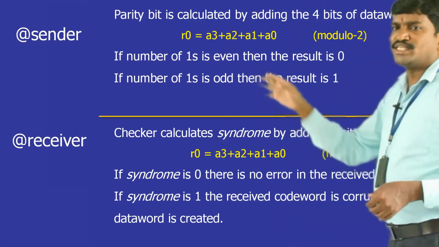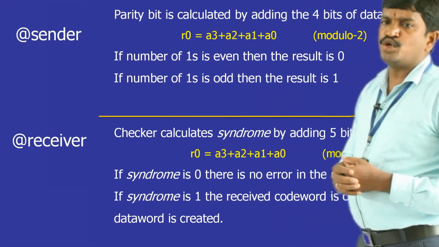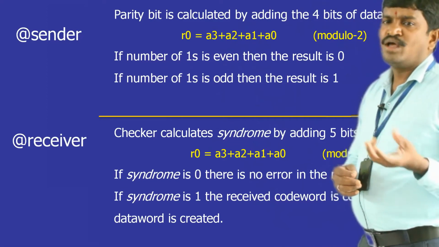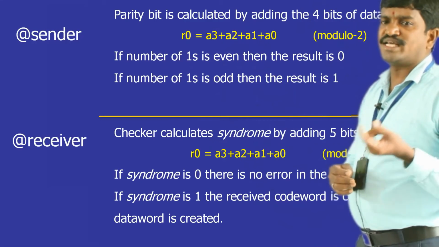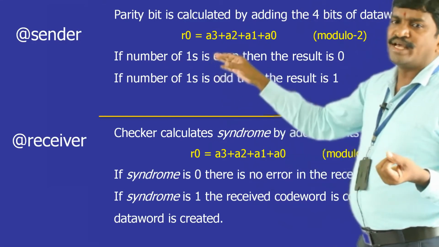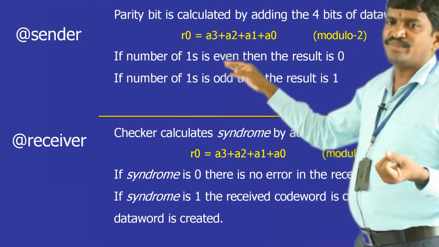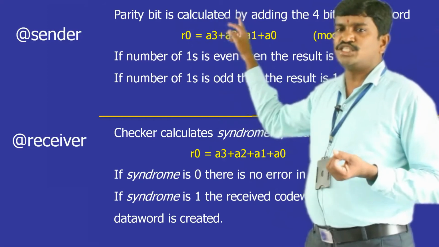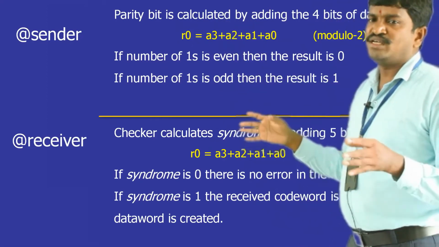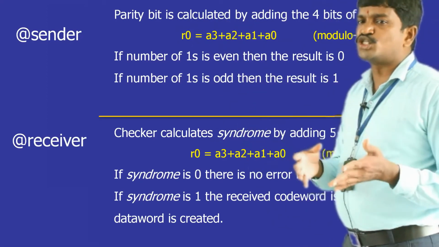When the data already has an even number of ones, the redundant bit is 0, right? If A0 to A3 already has an even number of ones, addition always leads to 0.